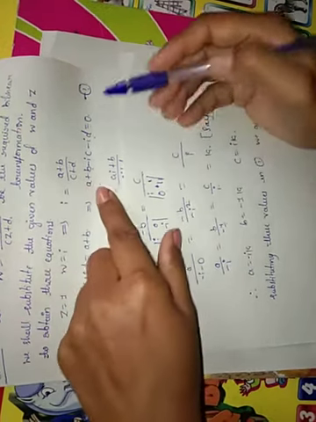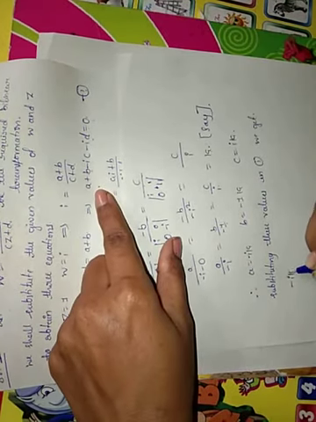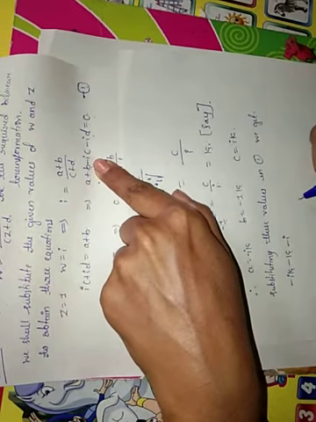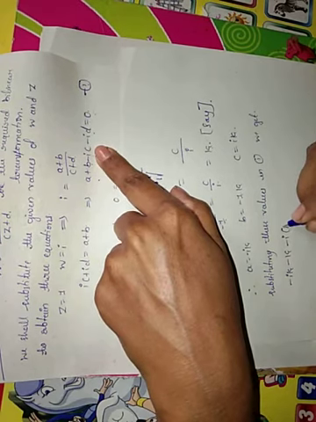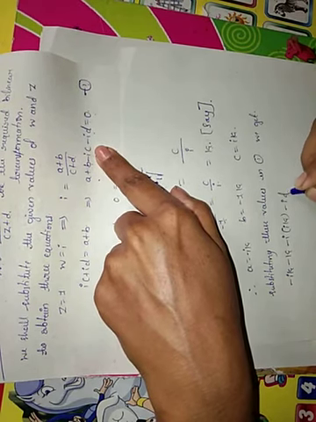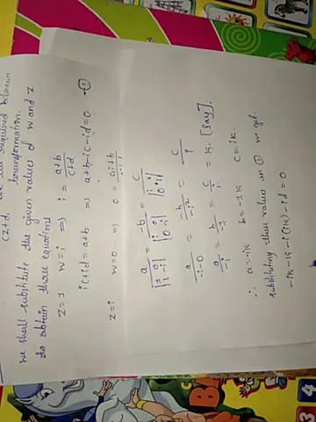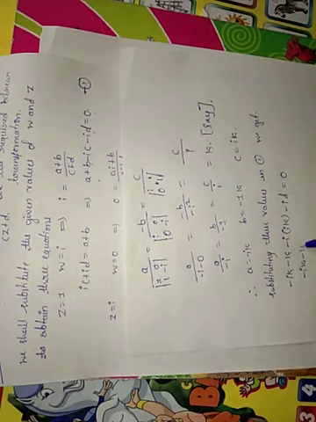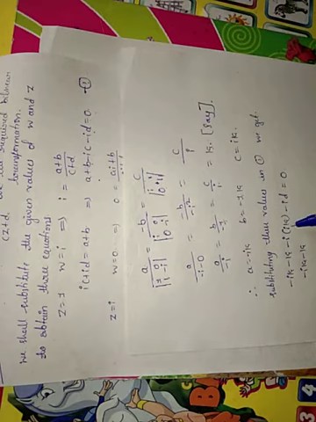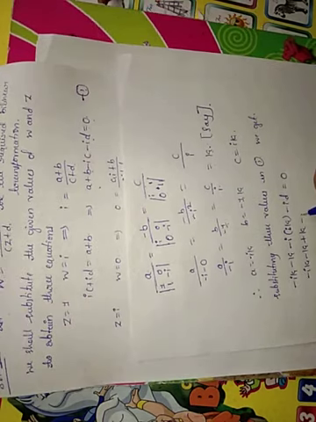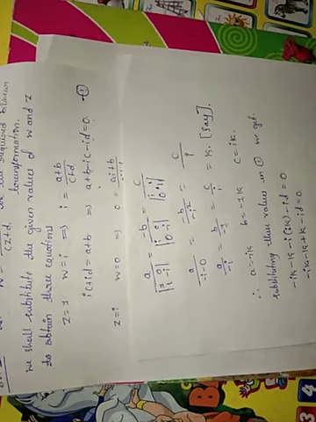Substitute A equal to minus iK, B equal to minus K, minus i into C which is iK, minus i into D is equal to 0. Now minus iK minus K, i into i is i squared which is minus 1, minus 1 into minus is plus K, minus iD is equal to 0.